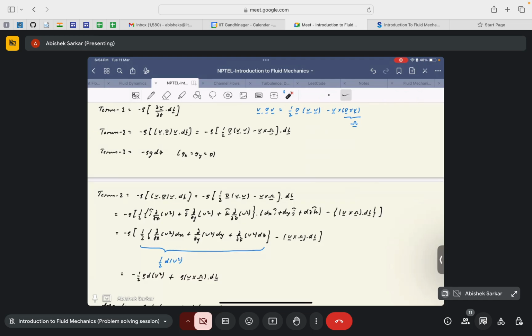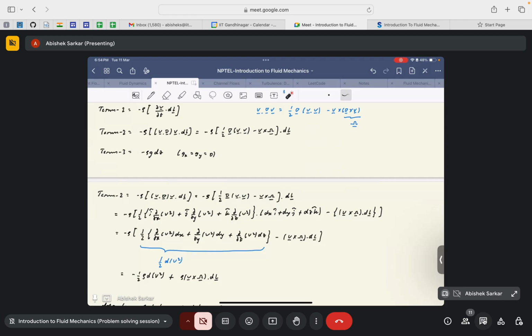If you want, you can do it for a cylindrical or spherical coordinate system, but the Cartesian makes it a much simpler derivation because of the absence of any kind of coupling between the coordinates, so we use the Cartesian coordinates.